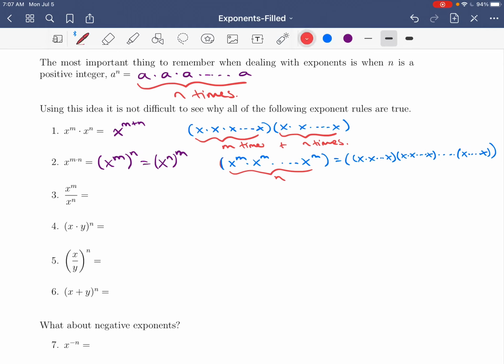So the whole thing happens n times, but each of these is m times. So then I'm going to have n times m x's in total, which is what this would mean.